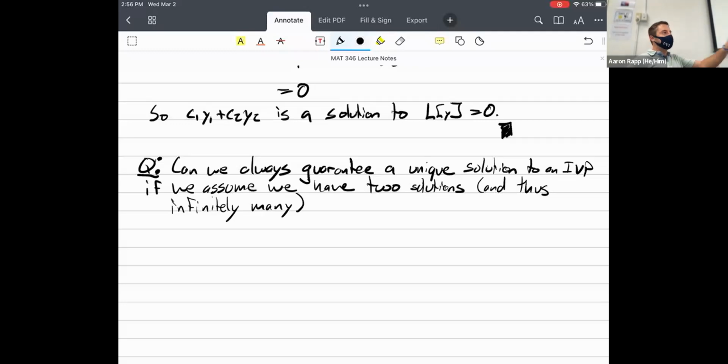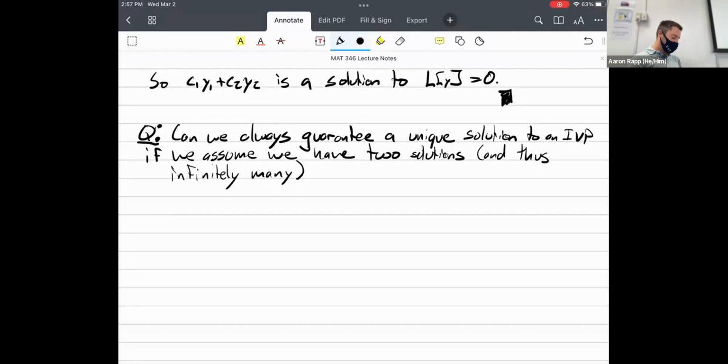We said as long as I have two solutions, I can get a general solution. With that general solution, which is just some linear combination of the two solutions that we assume we have, can we still guarantee uniqueness, that there's only going to be one function that goes through the two initial conditions we have for second orders?